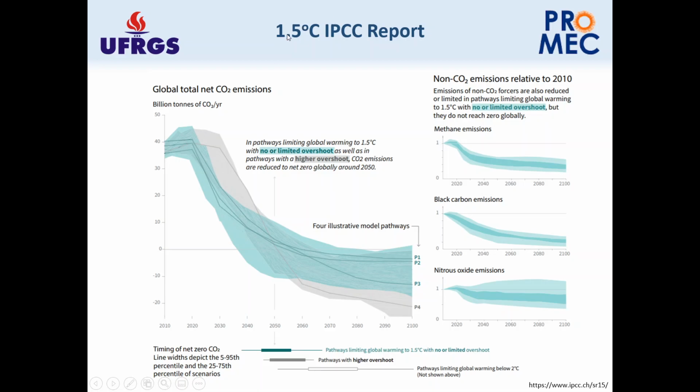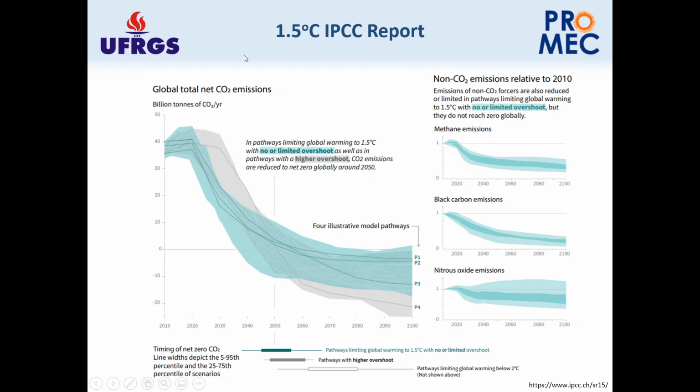So in order to reach 1.5 degrees, we will have to follow a path of rapid reduction of CO2 emissions somewhere between 2020 and 2030. So now we need to rapidly reduce CO2 emissions and then reach negative emissions by somewhere around 2050, 2060, 2070.